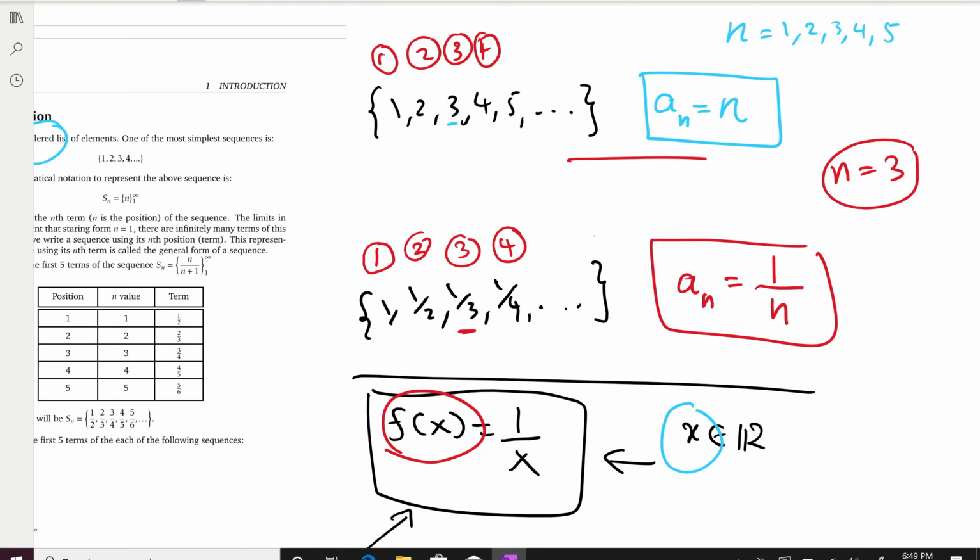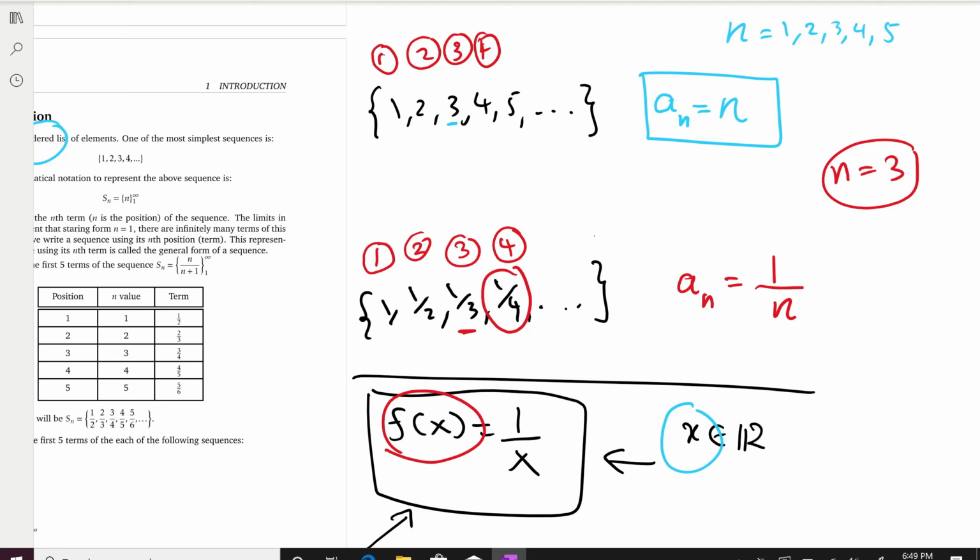What is the fourth term? 1/4. So I can use the position to make a function of the sequence. That's the difference between sequences and general functions. Actually a sequence is also in its own way a function.